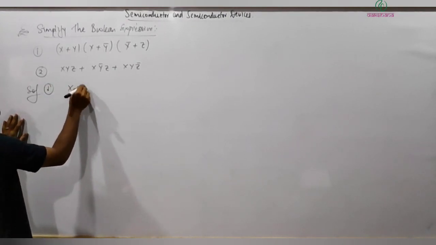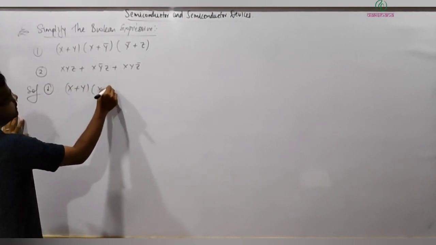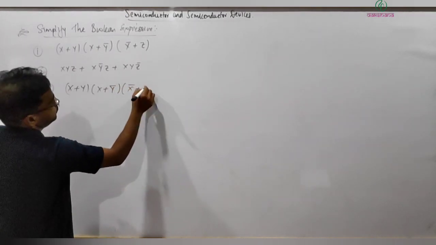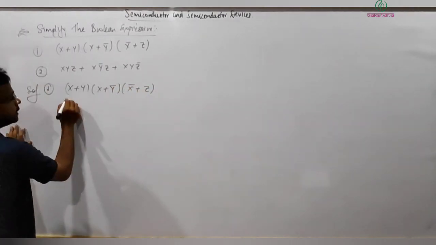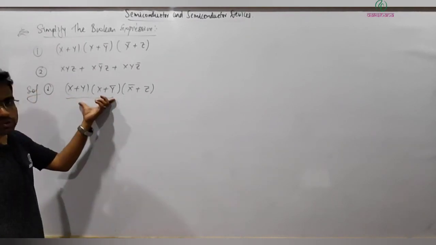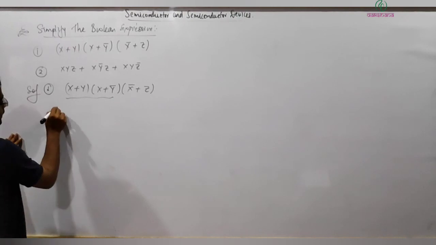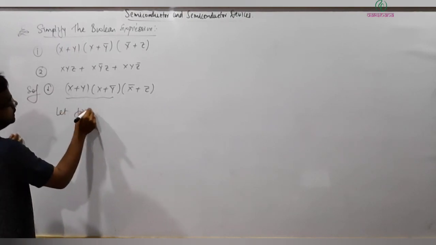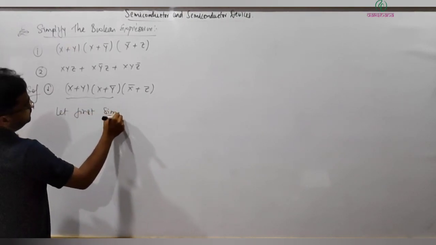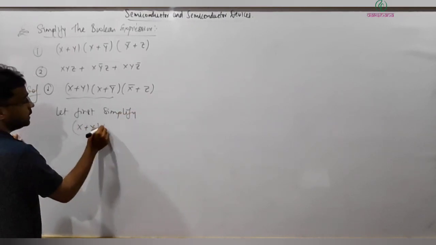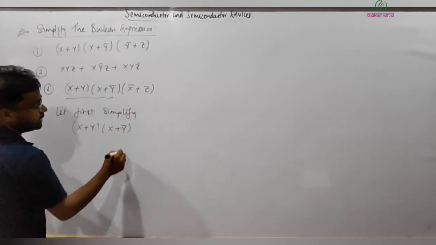It's (x plus y)(x plus y naught)(x naught plus z). For this I can first simplify these two parts, x plus y and x plus y naught. So let's first simplify only (x plus y)(x plus y naught).